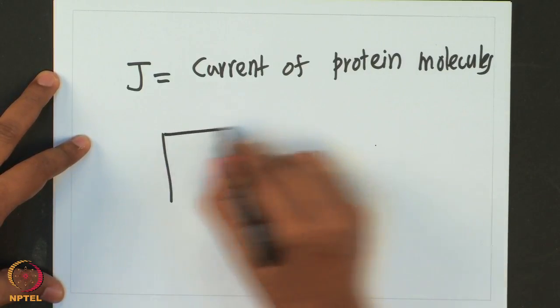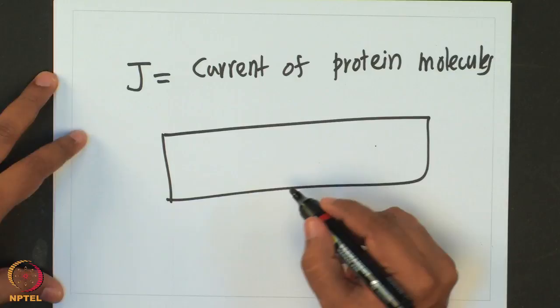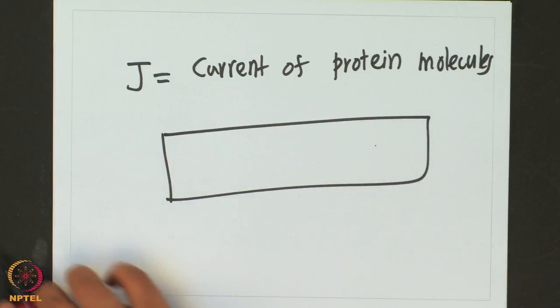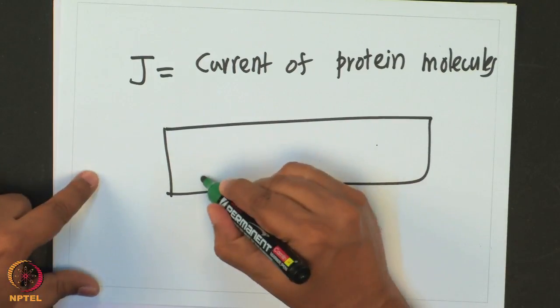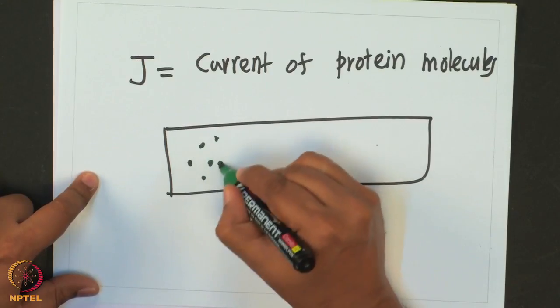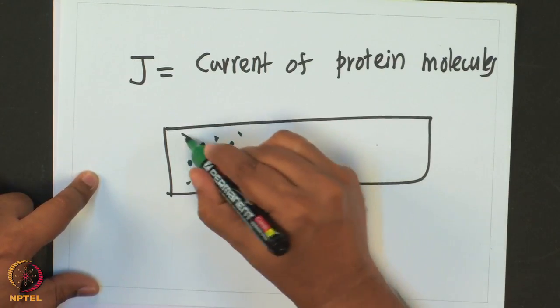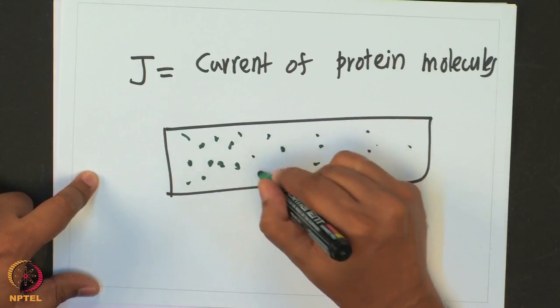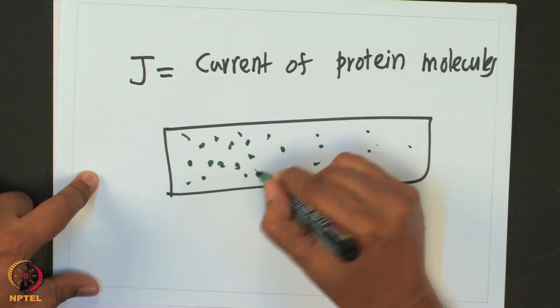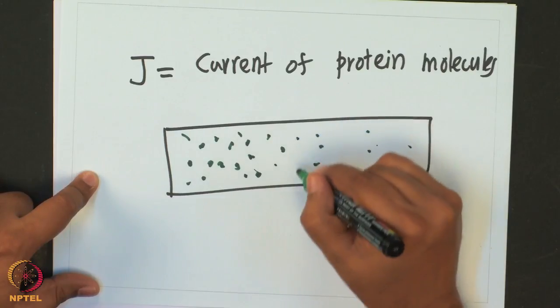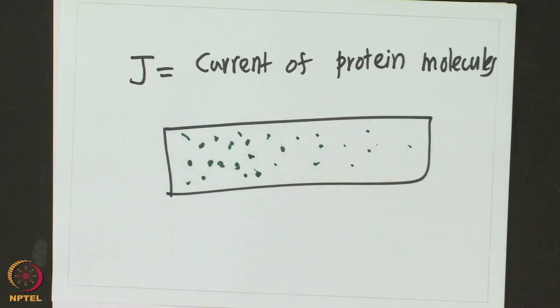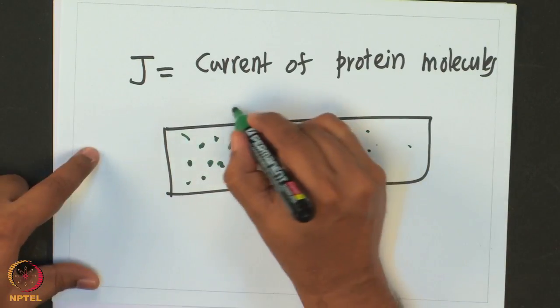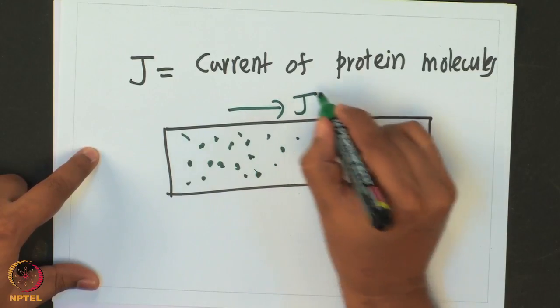That is, if I have a cell and a concentration gradient, with high concentration here and low concentration here, the particles will flow from high concentration to low concentration, and that flow is what we call J.